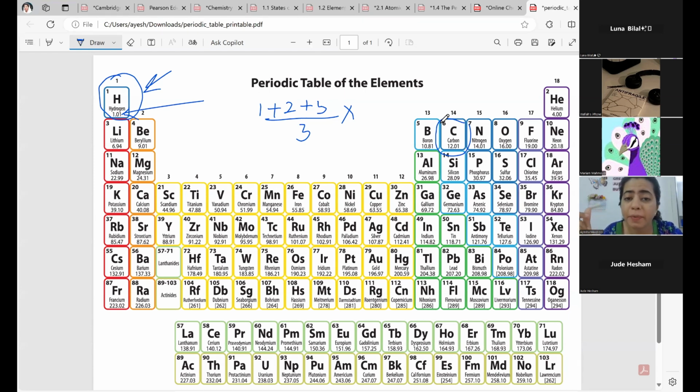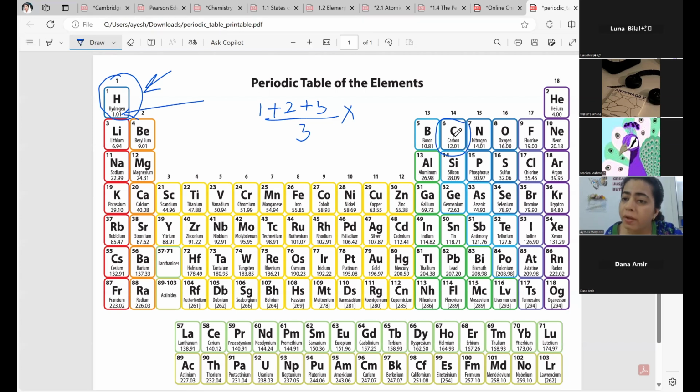If I change your fingerprint, your identity will change. The protons are basically the element's fingerprints. We cannot change the protons, but if we try to change them, the element will change to another form. Carbon will become boron if I remove one of the protons, and if I add one proton, it will become nitrogen.